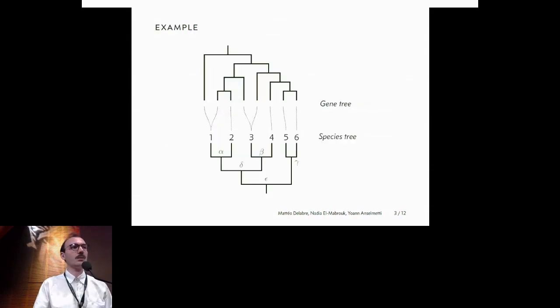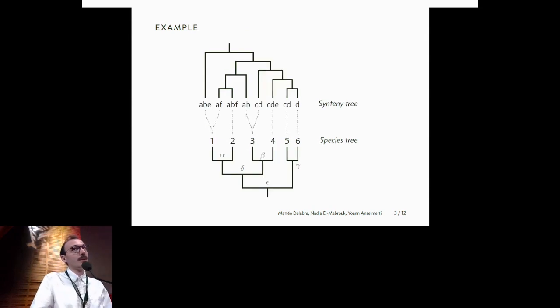This is just a toy example of genes and species. Here we have a gene phylogeny at the top, which belongs to the set of species below, as indicated by the dashed lines. And you can see that both are inconsistent. For synthenies, it's a very similar setup, but instead of just single genes, we get a tree of synthenies.